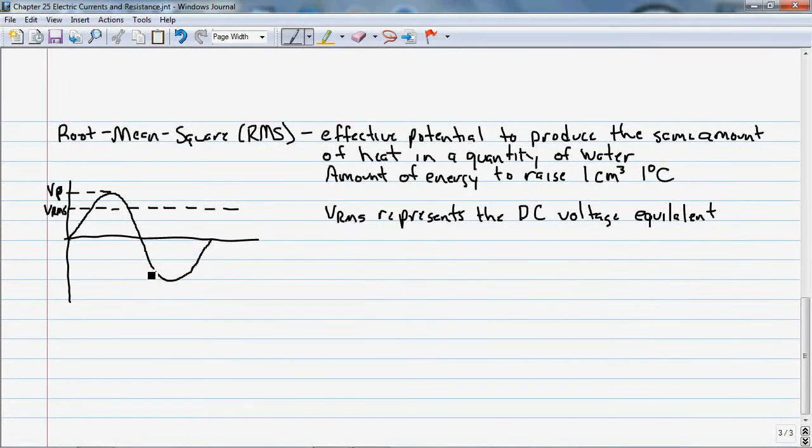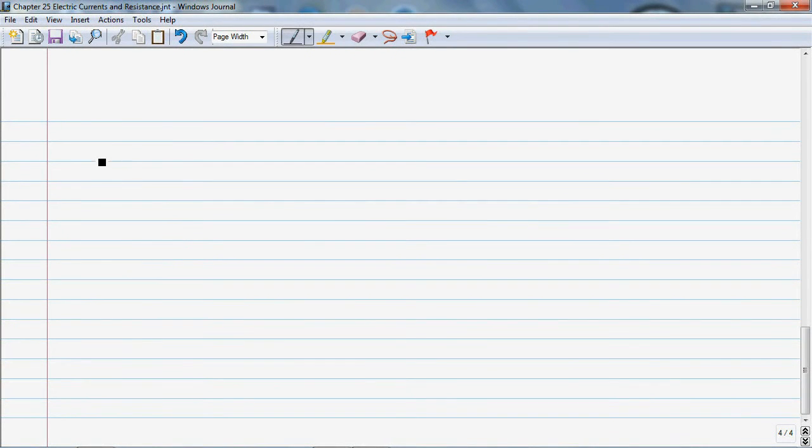So how do I find the voltage RMS based on a voltage or even a current? Well, it's defined by exactly the way it's called in the reverse direction.